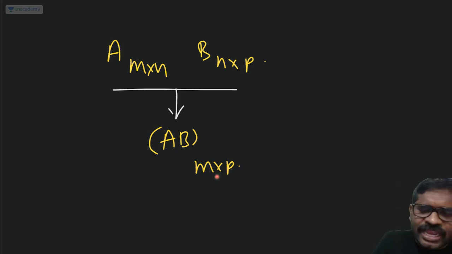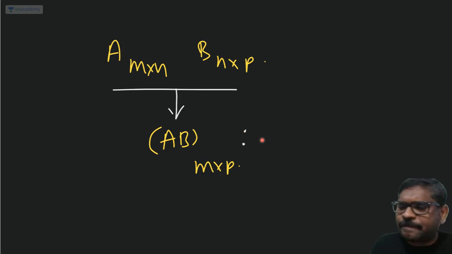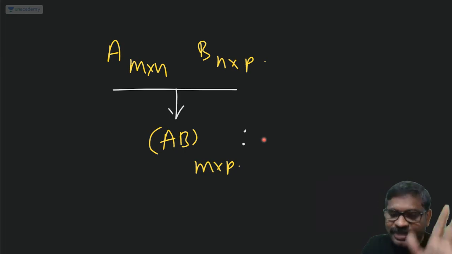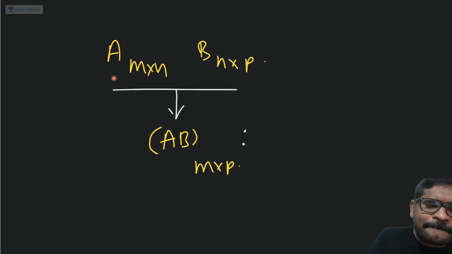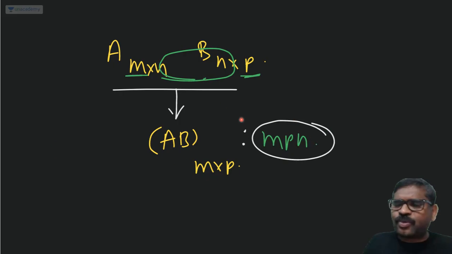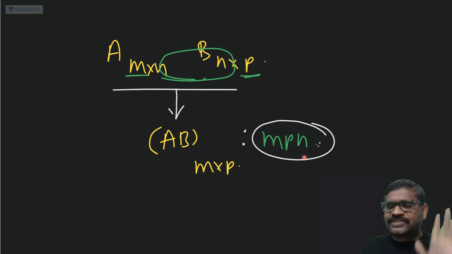To create m cross p, how many multiplications are required? Means m, p, n. Understood? m, p, n. Same logic I am going to implement. This logic I have explained in the previous class.